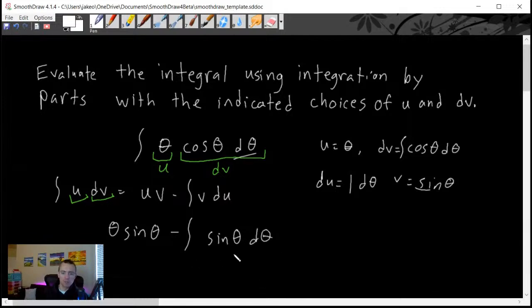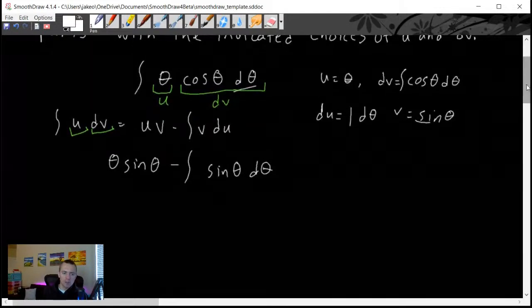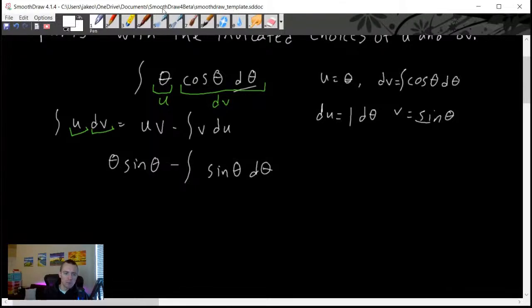Now notice, even though we still have an integral here that we have to find, what we just did was convert having to find the integral of theta times cosine theta into just having to find the integral of sine theta. We don't have to actually integrate this stuff out here anymore. These pieces have been removed from the integration process. They've been accounted for, basically.